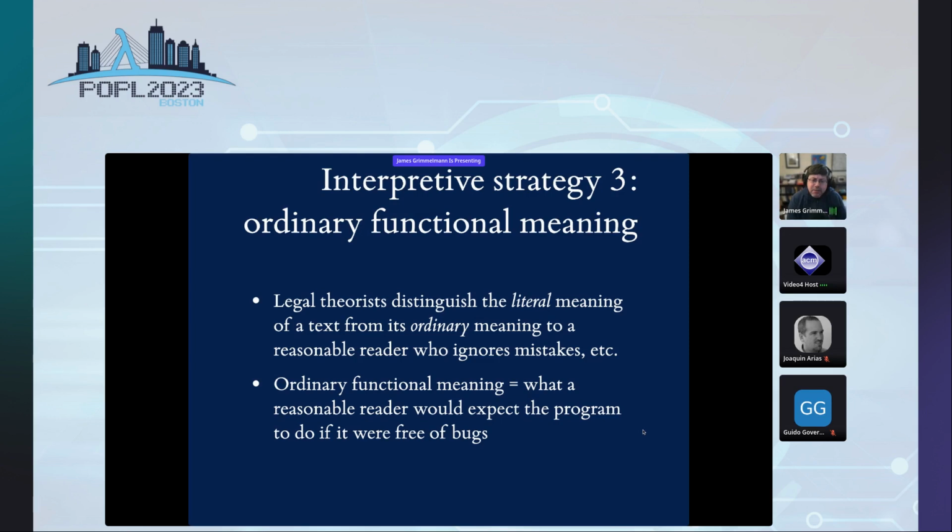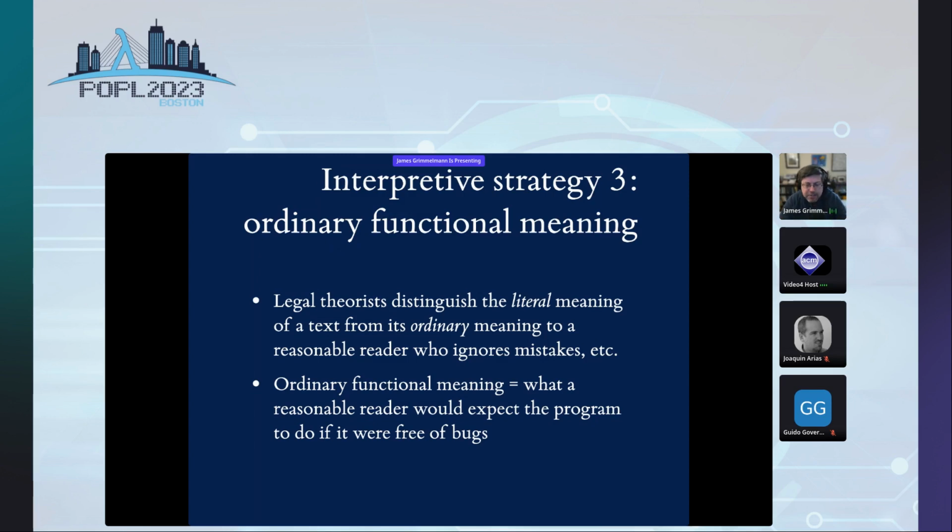The reasonable reader is like a programmer who's part of the community of programmers who write code in this language to do this kind of task. And this ordinary reasonable reader may well be able to correct for things like syntax mistakes, missing tokens. They may also be able to do more complicated fixes to say, oh yeah, you have a memory overflow here, it leaks memory. But if this program actually ran for as long as it was supposed to, it would do this.